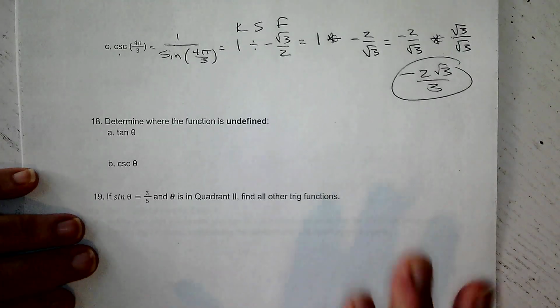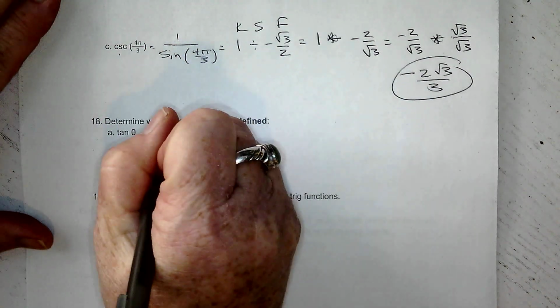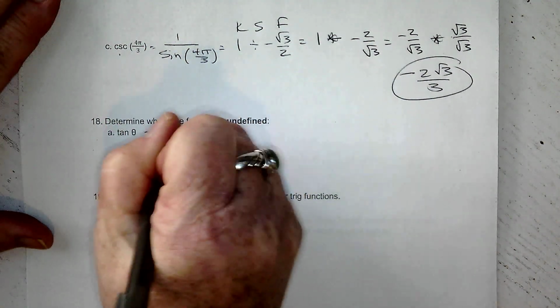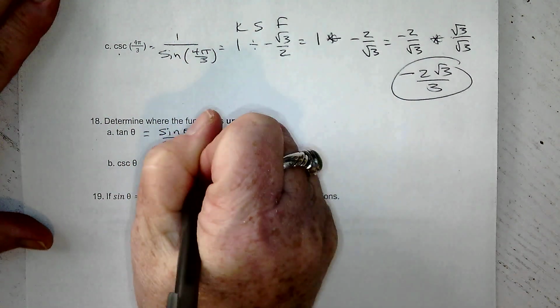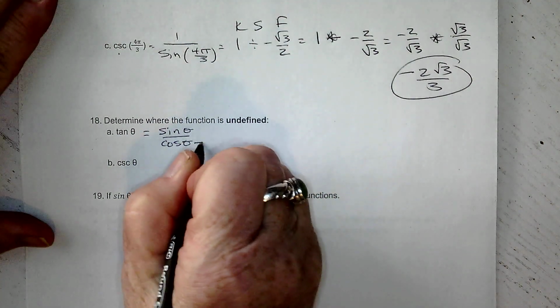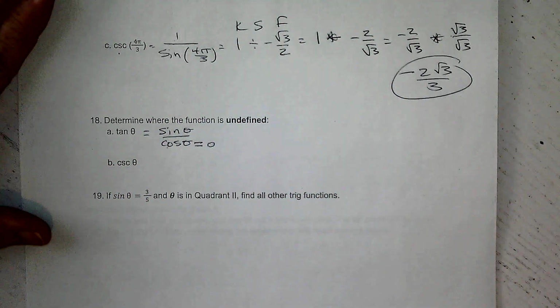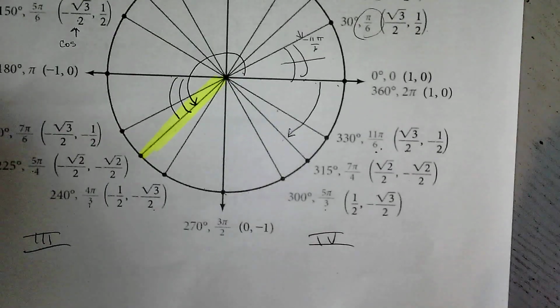Okay? Let's look at the next one. It says determine where the function is undefined. So the tangent of theta, where is it undefined? Well, you need to understand that tangent of theta is equal to sine of theta over cosine of theta. To have an undefined fraction, that means your denominator is equaling 0. That means cosine is 0. And where is cosine 0?